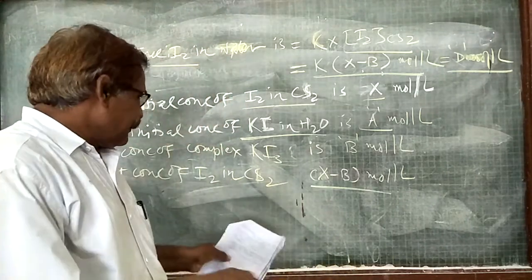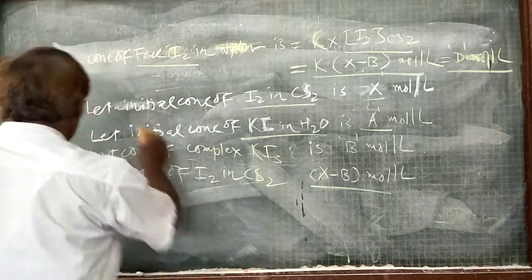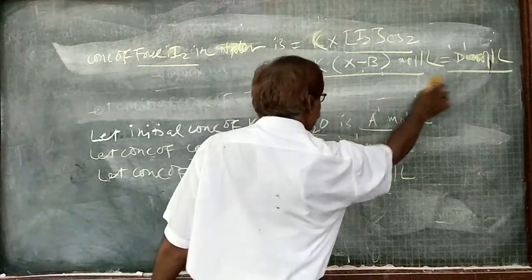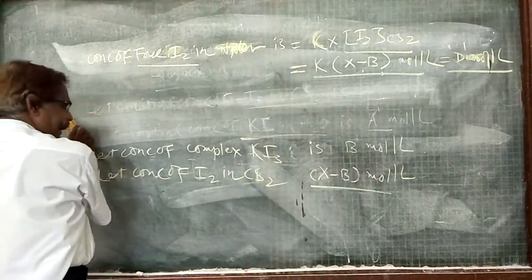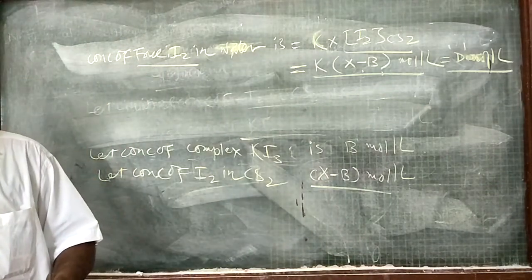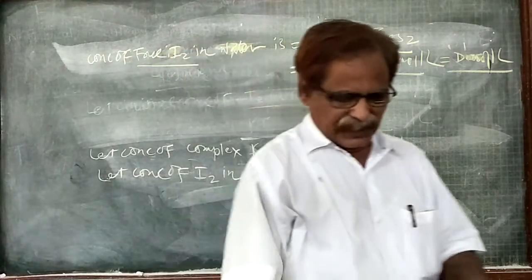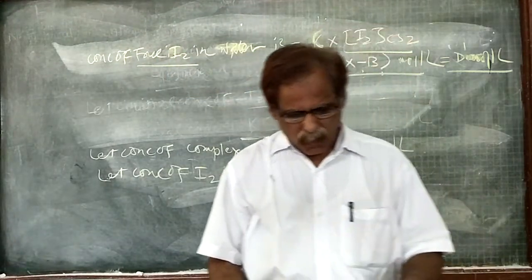So, using these quantities and the concentration of the complex B, we can very easily find out the concentration of potassium triiodide complex, which will be equal to what?